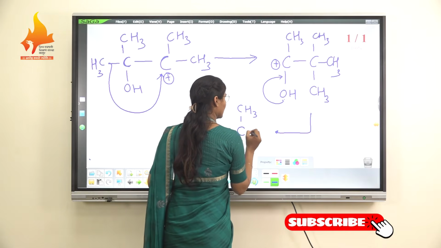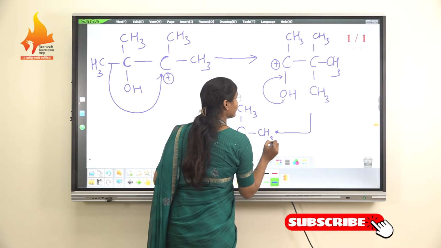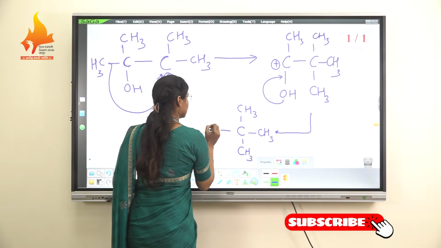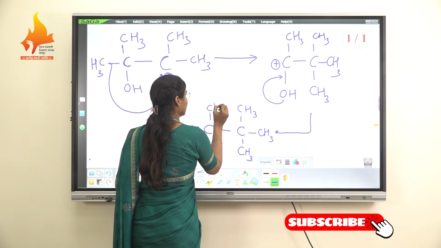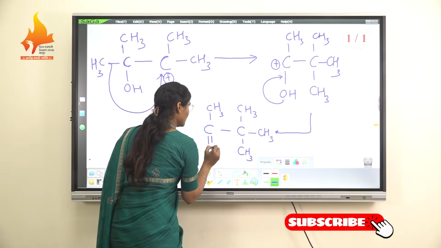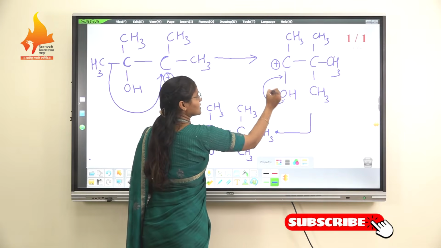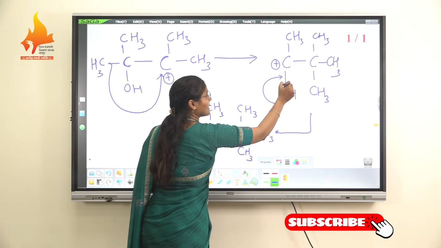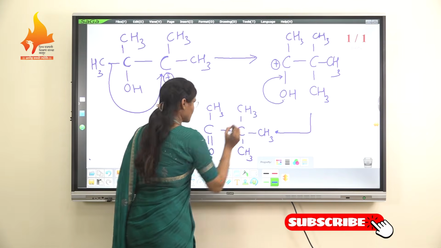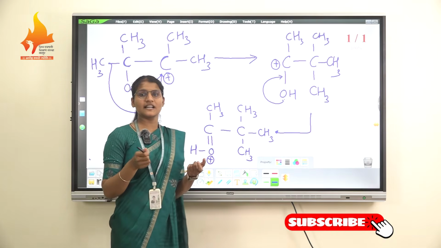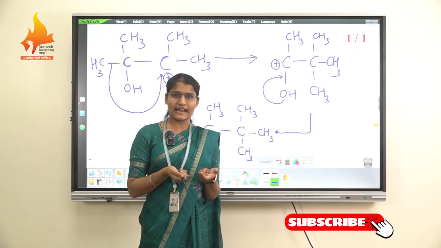CH3, CH3, CH3, C, CH3, double bond O, here H. After the transfer of the oxygen lone pair between carbon and oxygen, we will get positive charge on the oxygen atom. In the reaction, we take acid as a catalyst.